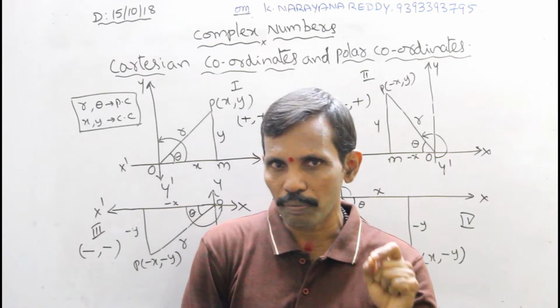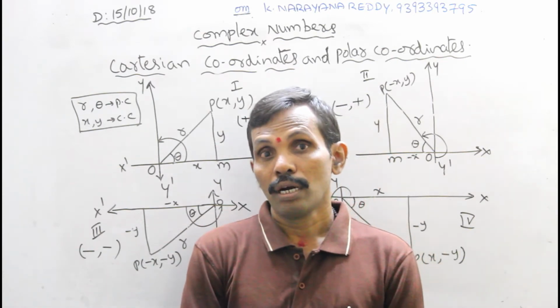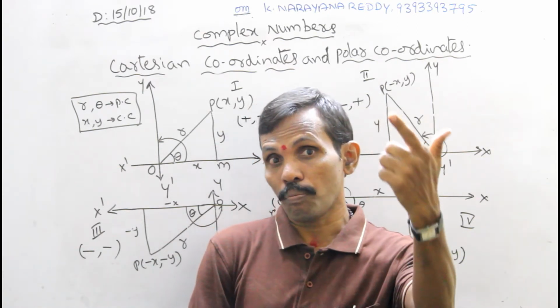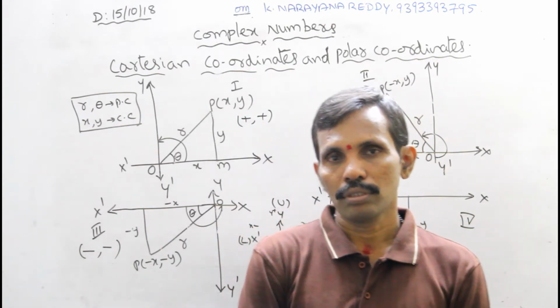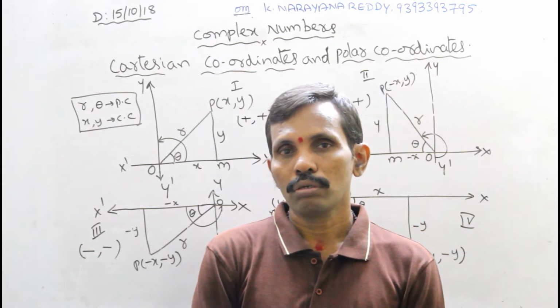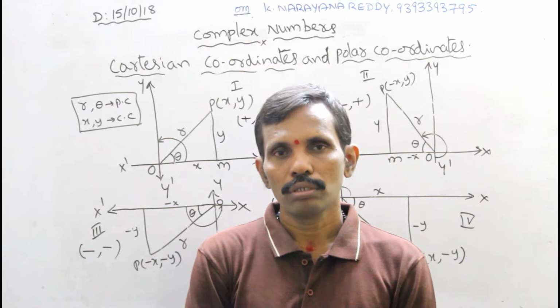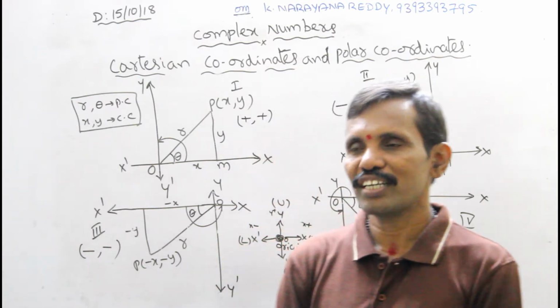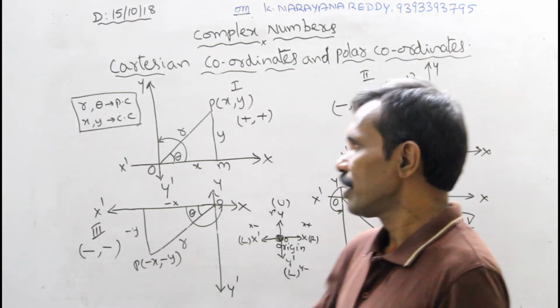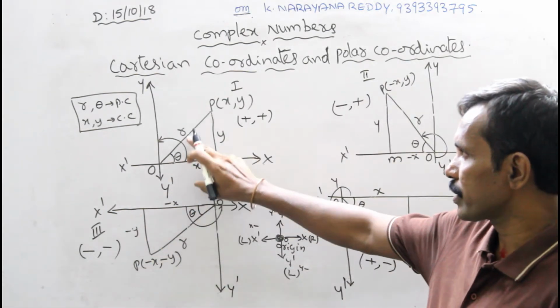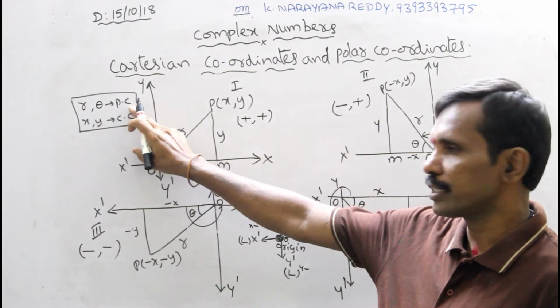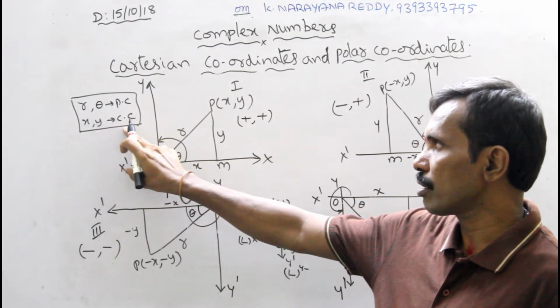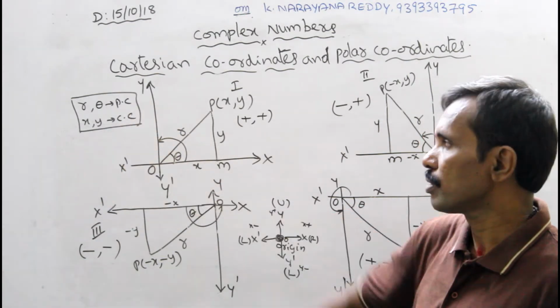Not only for examinations, but also for competitive exams, and also in interviews. So, dear friends, you can always follow shortcuts. Okay? So, r, theta is called polar coordinates, that is PC, and x, y is called Cartesian coordinates, that is CC. Okay?